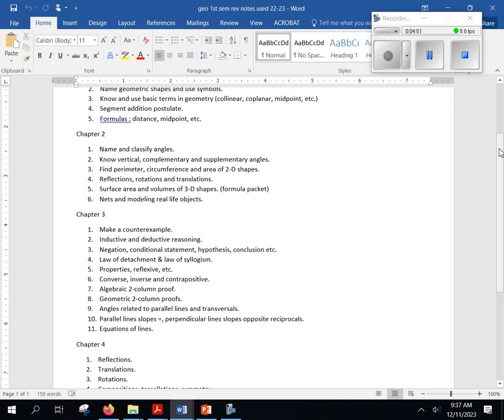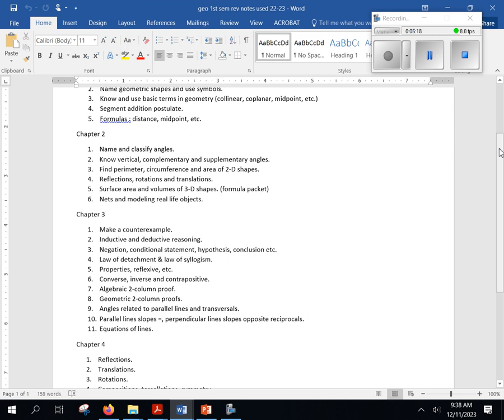Chapter 3 here, we just got done going over all this, so I'm going to go over it very quickly. Remember, with a counterexample, you give one specific example. Inductive reasoning. What's one word for inductive reasoning? Patterns. How about deductive reasoning? Reasons. Rules. A negation, remember a negation? It's just something like this, you make it sort of the opposite.